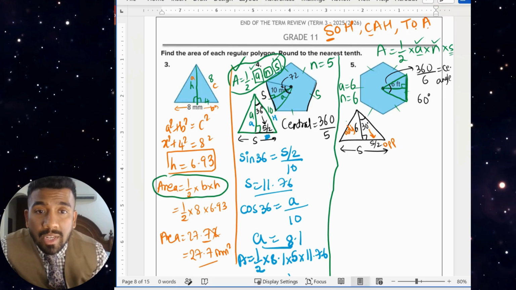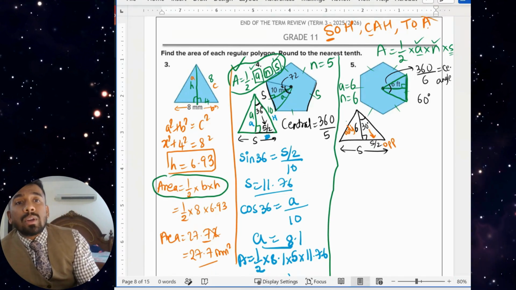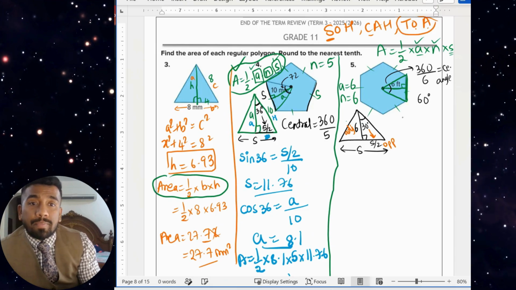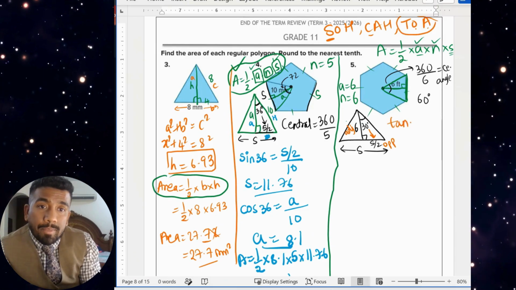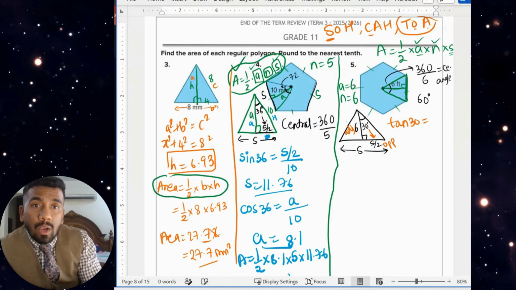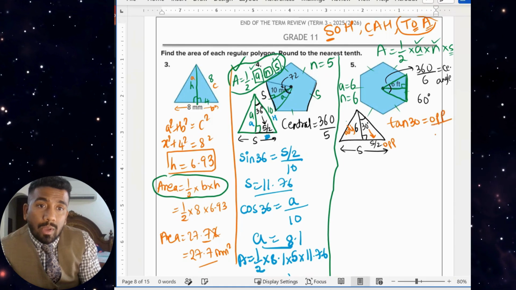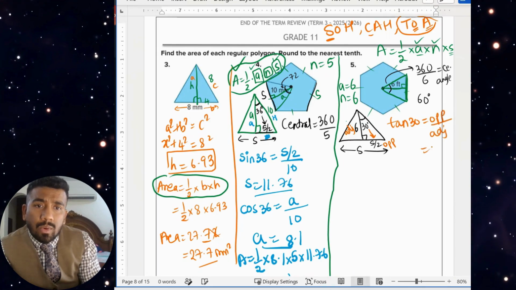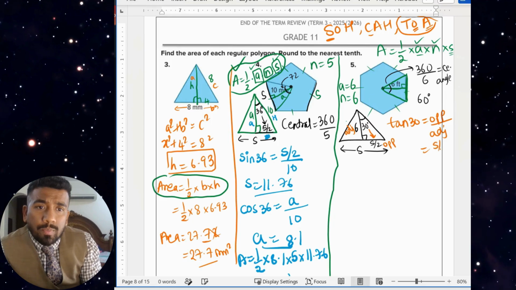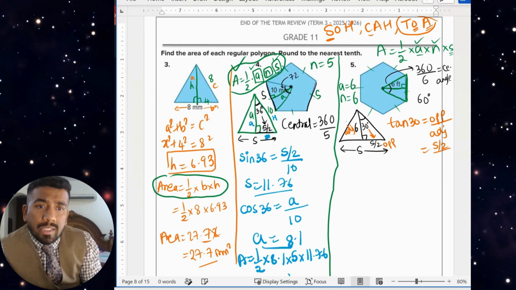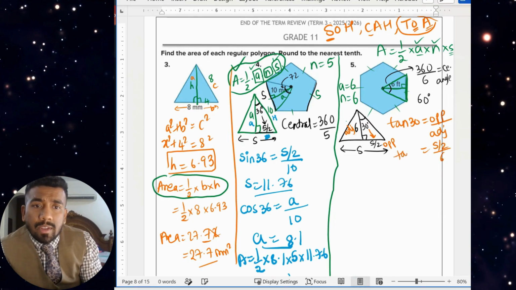What do we have? Opposite and adjacent. So we'll use tan. Tan 30 is opposite over adjacent. What is opposite? S over 2. What's adjacent? 6. That's tan 30.